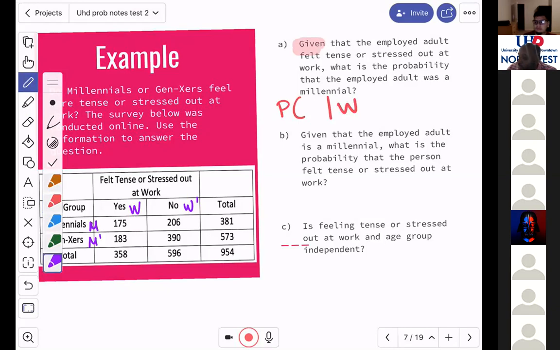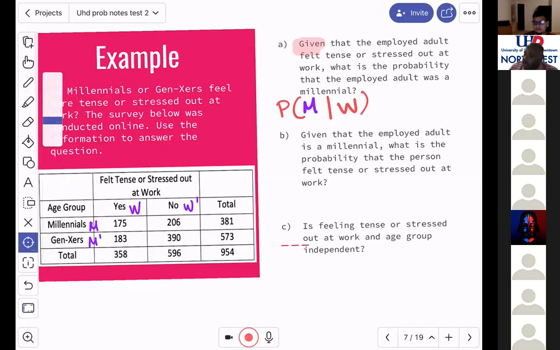That's going to be just M. I've been doing conditionals for a long time, and every time I do a conditional, I always figure out what my given is and write it in the back first. And then I go back and set the front part.